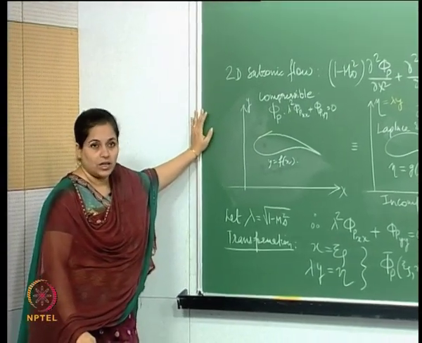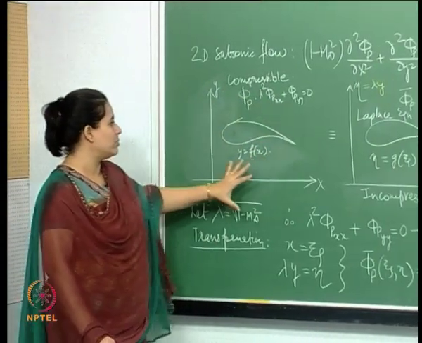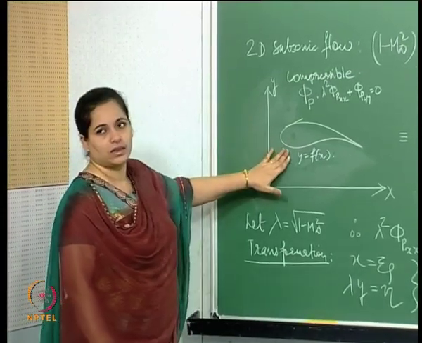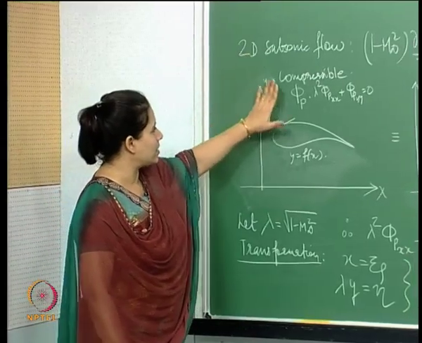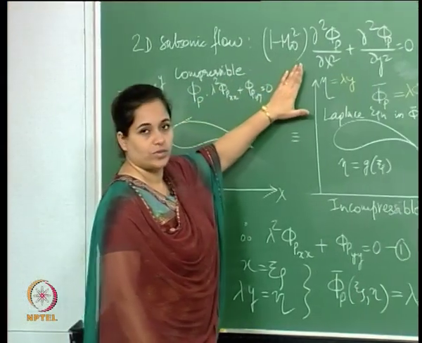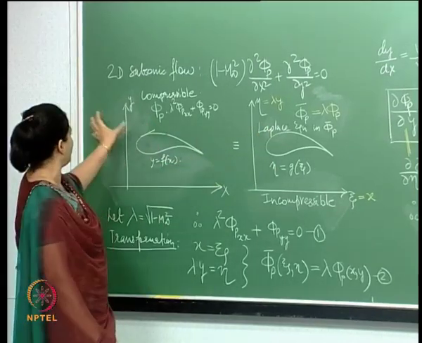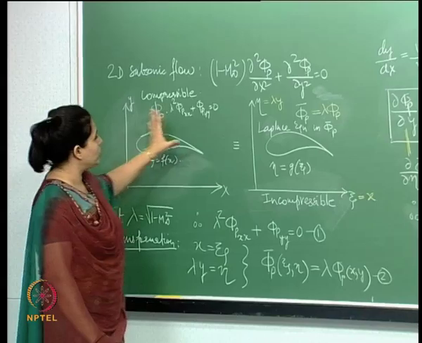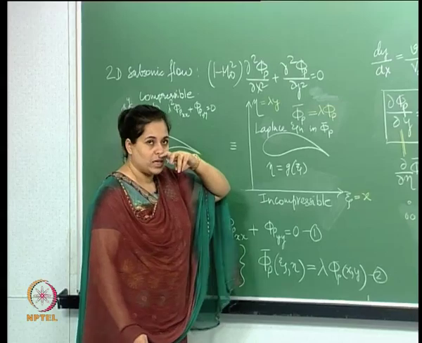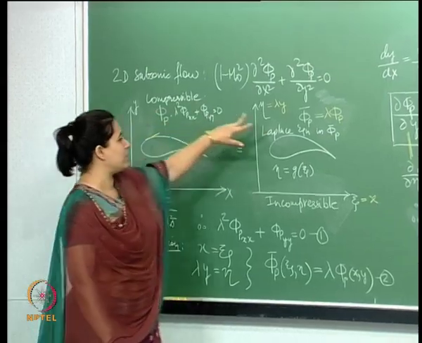Now, isn't that nice? What we have done here is take the original coordinate system on which we have a body which looks like this, an airfoil, in a compressible flow, as a result of which the governing equation is this. So we take the same body, which looks exactly the same, but transform the coordinates into eta and zeta in such a way that zeta is x and eta is lambda y, and the perturbation potential in the xy coordinate is phi p, here it is phi p bar.